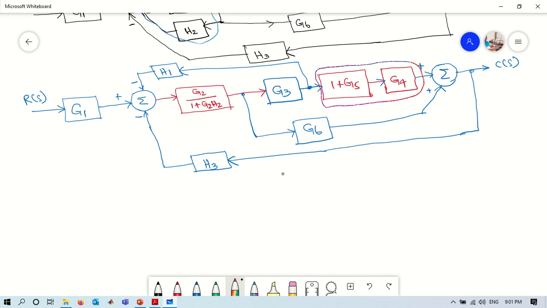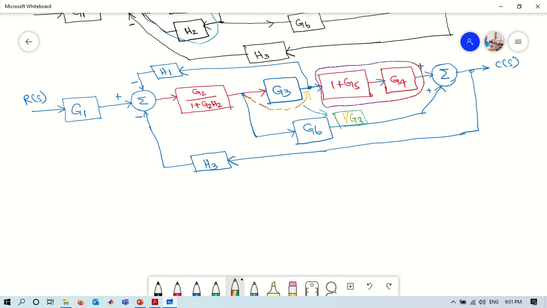So I am going to shift this point after this. Then these two blocks will be in series, and I'll get one minor feedback path. In order to move this point from here to here, I should add a block of 1 by G3 in series over here to perform this shifting operation.